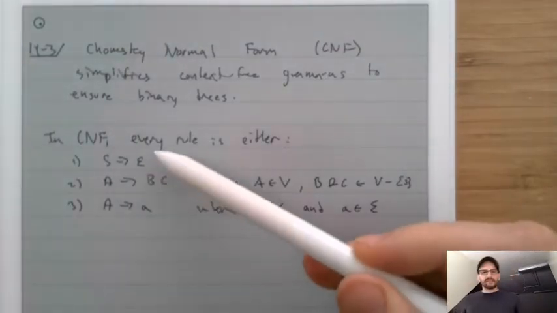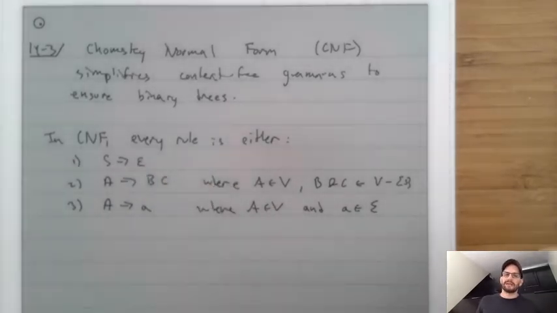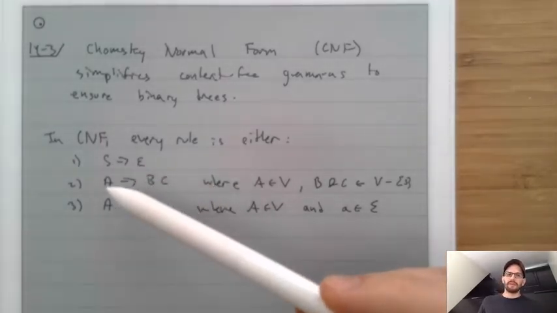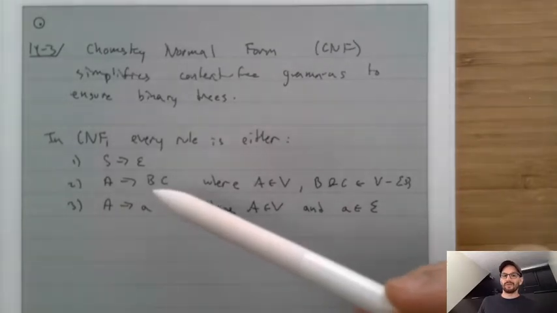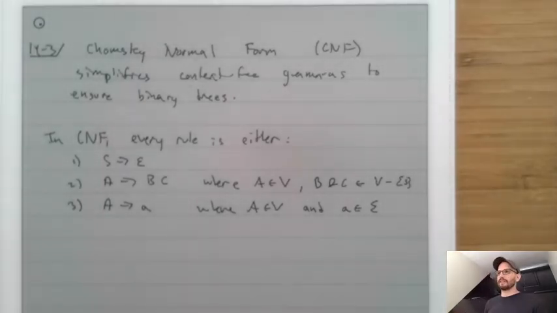So this right here is called the epsilon rule. So start is allowed to go to epsilon, and then a variable can either go to 2 variables or to a terminal. Now, of course, there could be many different rules for the same left-hand sides.